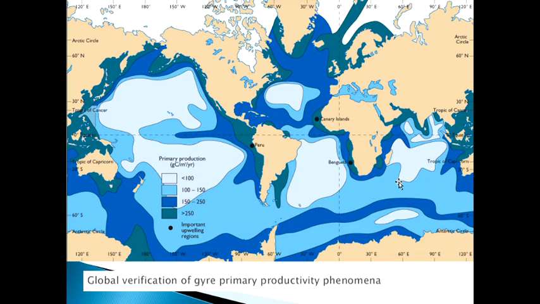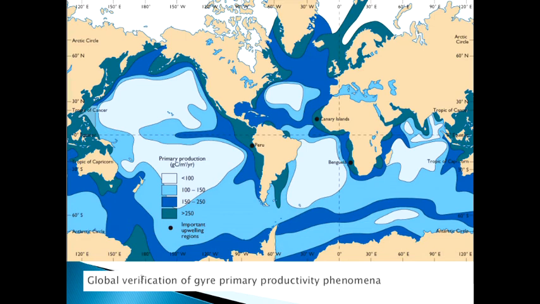And then you can see the higher and higher levels of productivity with, here they don't make it as sharp, but you can see the 3 spots in Africa where there's high productivity. And here they kind of extend the upwelling high productivity area all the way from South America to Central America up to North America.